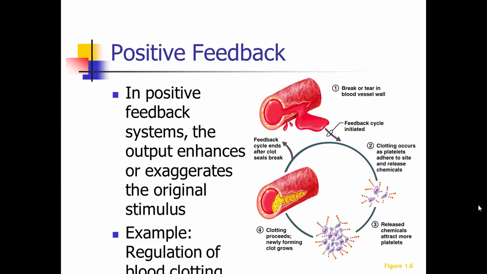So one of the best examples in the human body is blood clotting. When we're going through the process of clotting our blood because we've broken a blood vessel, our body is going to continue to increase those clotting proteins and that clotting mechanism so that we can stop from bleeding out.